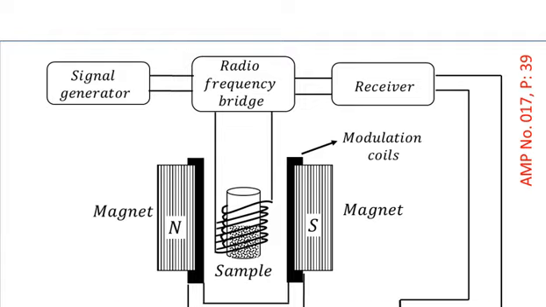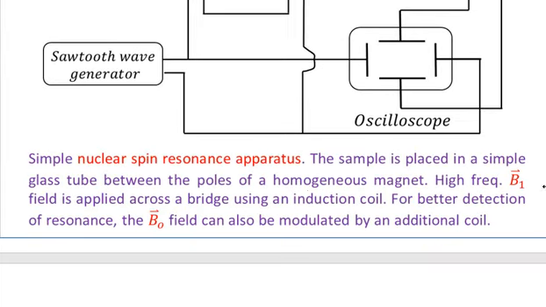So I have explained this setup, so let me read the corresponding paragraph. Simple nuclear spin resonance apparatus. The sample is placed in a simple gas tube between the poles of a homogeneous magnet, providing the magnetic field B naught. A high frequency B1 field is applied across a bridge using an induction coil.